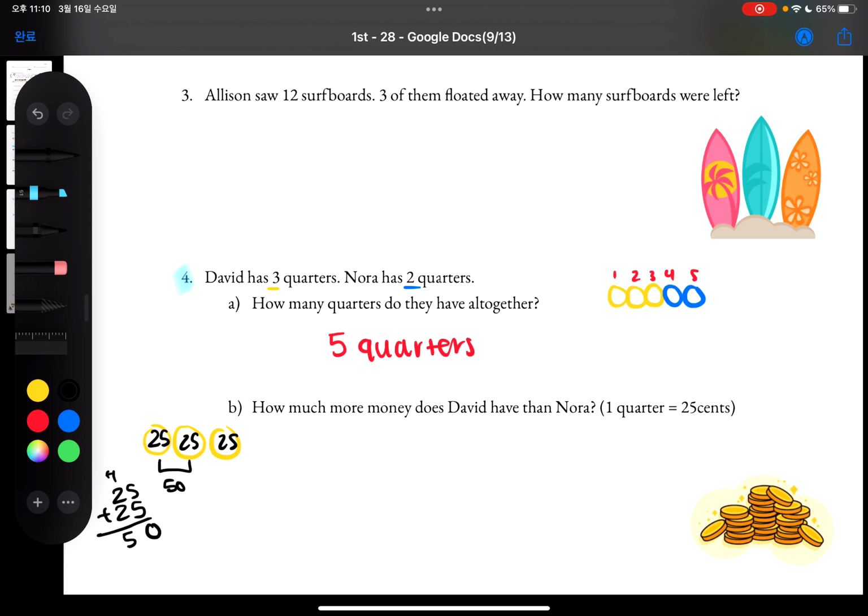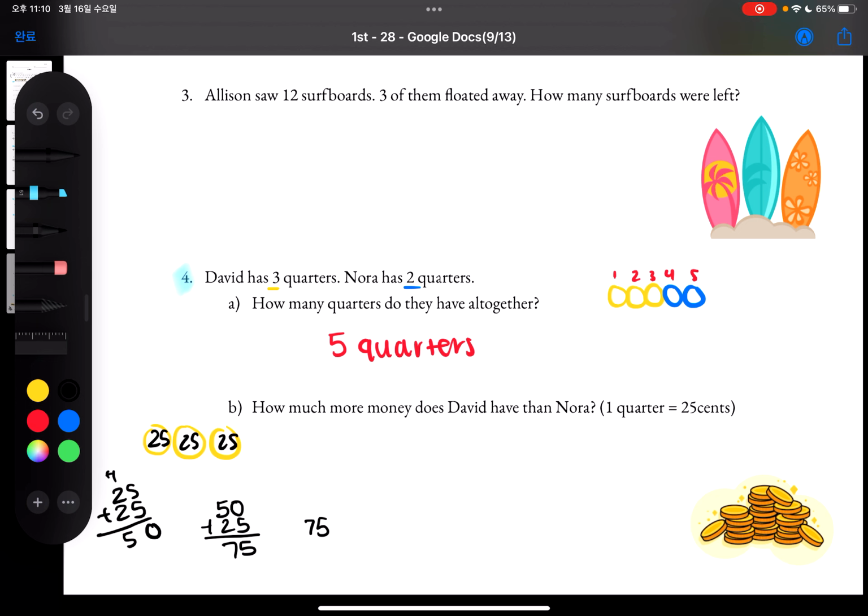We have to find all 3 of them. So we're going to do 50 plus 25. 5 plus 0 is equal to 5. 5 plus 2 is equal to 7, so we get 75. So we know that David has 75 cents.